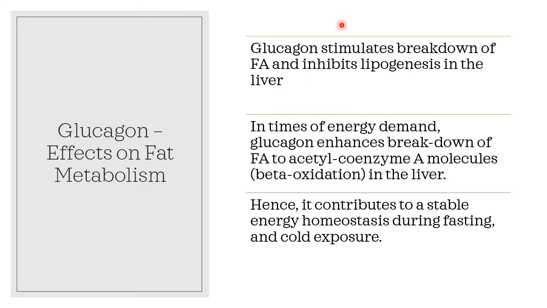Hence, glucagon contributes to a stable energy homeostasis during conditions where energy supply is limited, such as during fasting, or in the states of increased energy demand, such as during cold exposure.